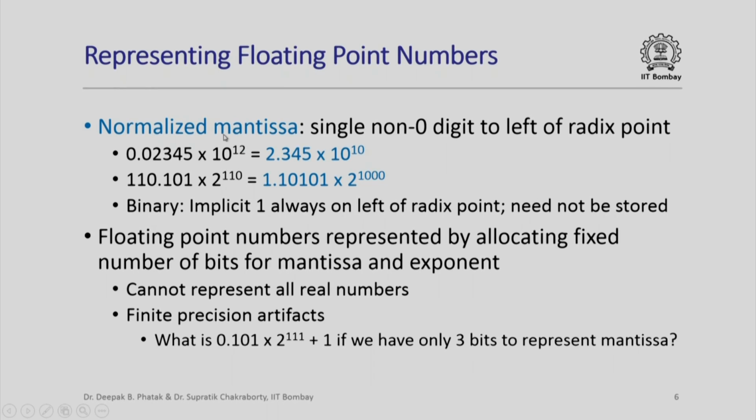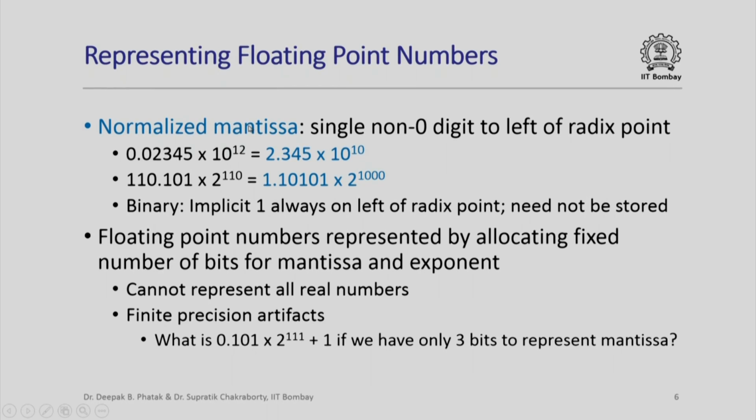So here we say that a mantissa is normalized if there is a single non-zero digit to the left of the radix point. So to the left of the radix point there must be only a single non-zero digit. Therefore this is not normalized because to its left there is 0, this is normalized, to its left there is a single non-zero digit.